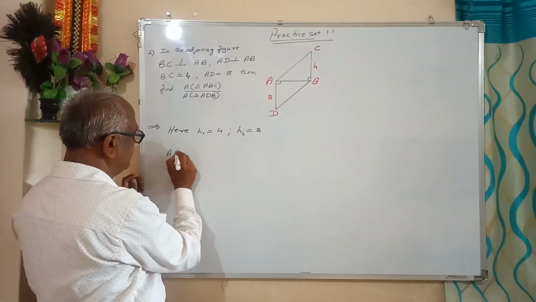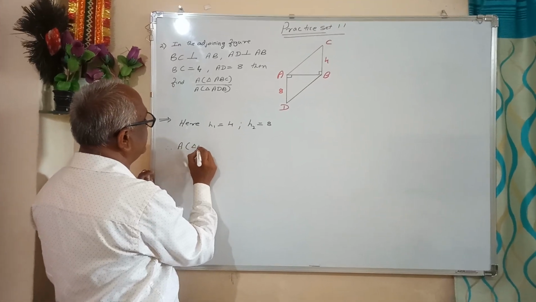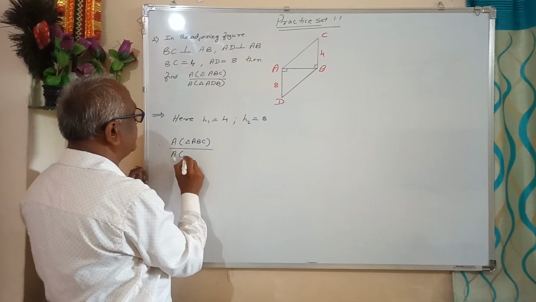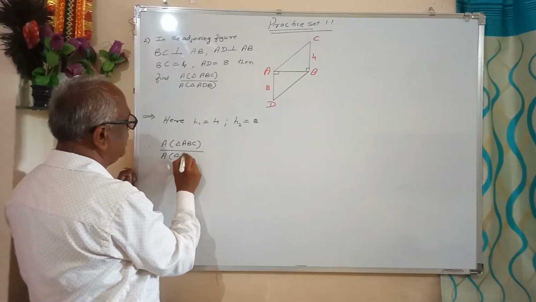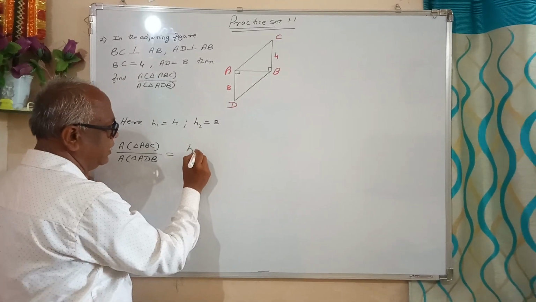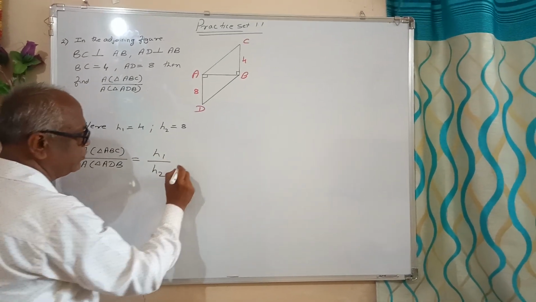Therefore, area of triangle ABC upon area of triangle ADB is equal to H1 upon H2.